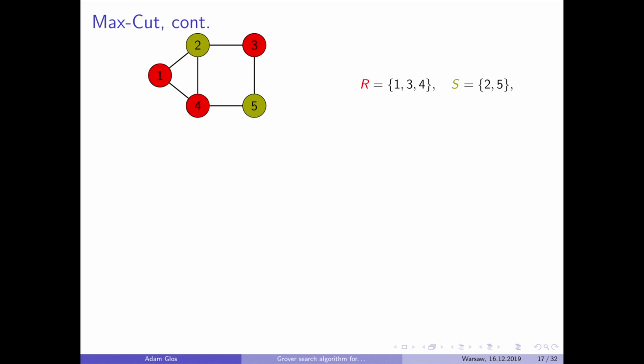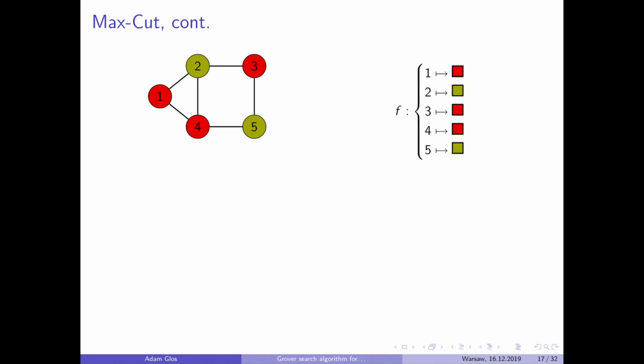We start with a partition. So we have 2 sets, such that each node belongs to one set, and they define our colors. So the red set R is 1, 3, and 4, and the brown set S is 2 and 5. But instead of sets, instead of a 2-element partition, we can think of it as a function from nodes to the colors. This is exactly the same representation.